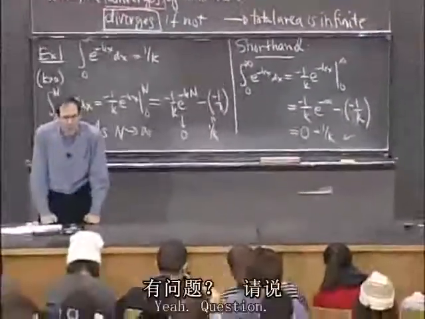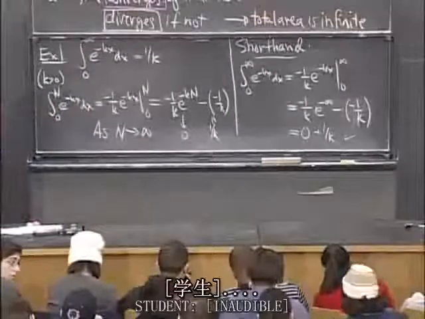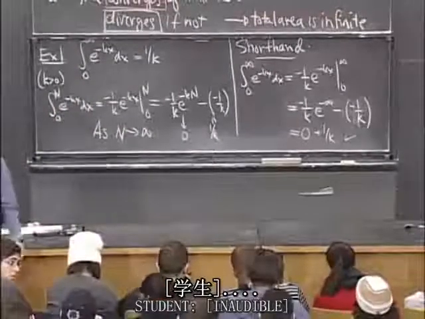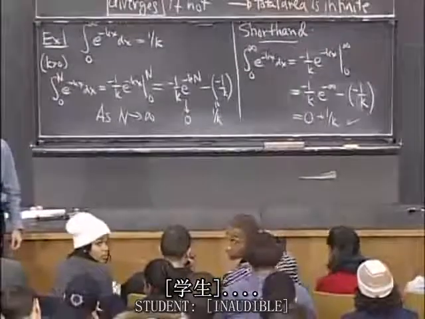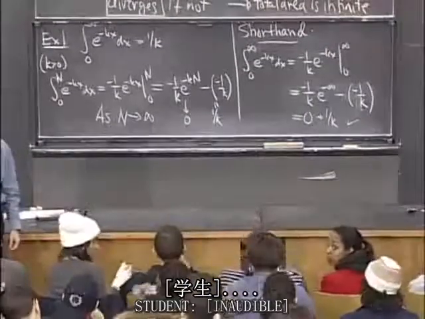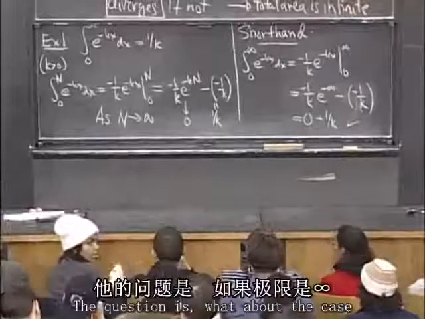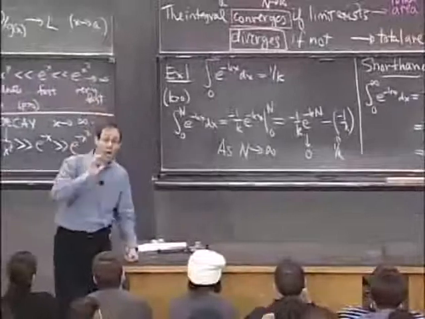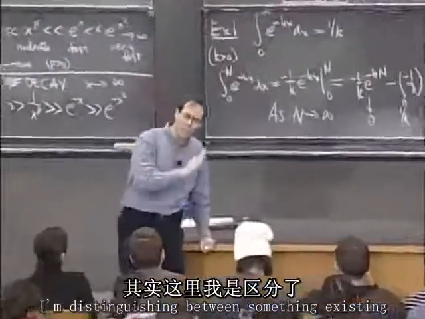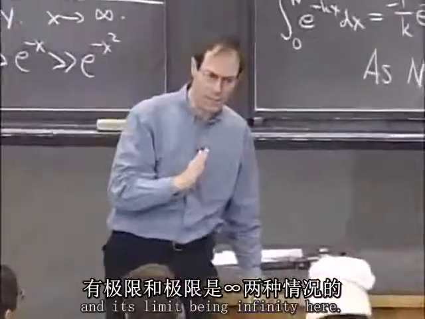Yeah, question? The integral converges when the limit exists. Does that also include the fact that the limit is also infinity? Good question. The question is, what about the case when the limit is infinity? I'm distinguishing between something existing and its limit being infinity here.